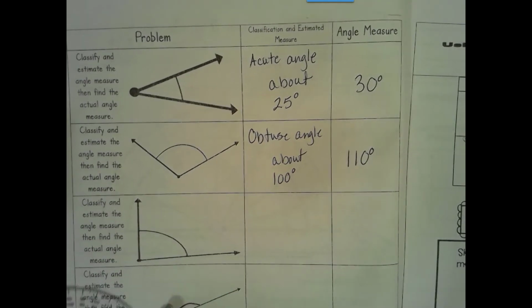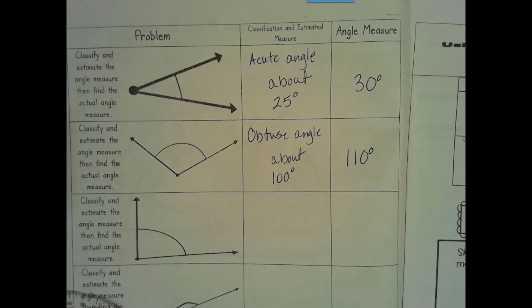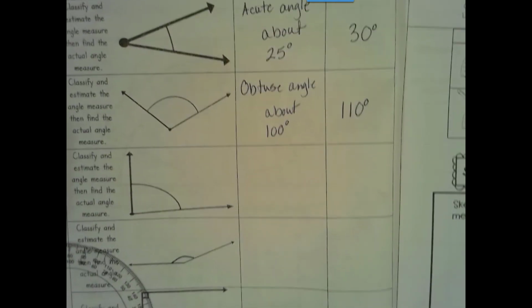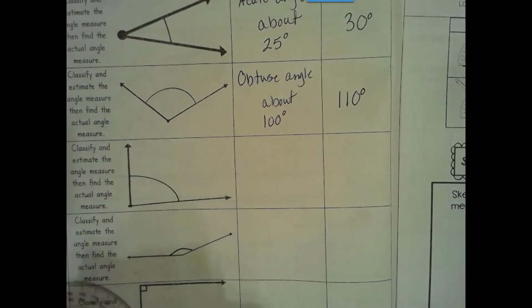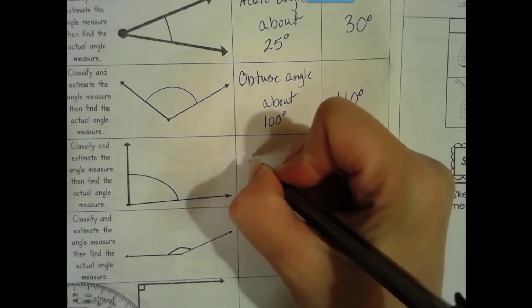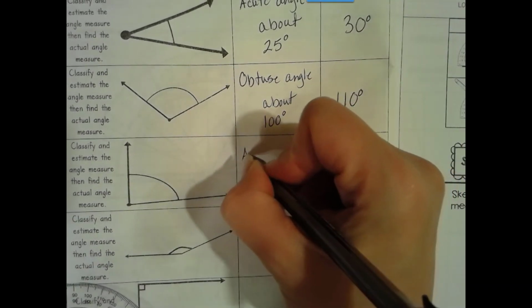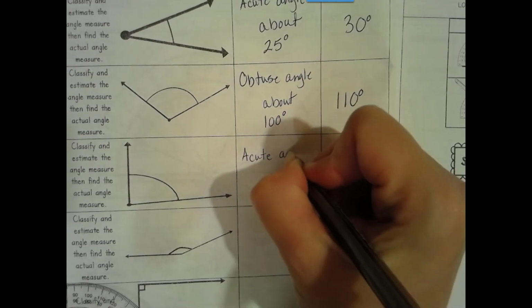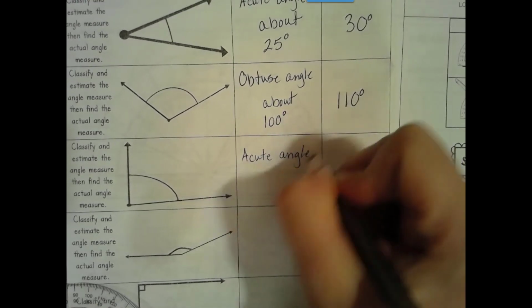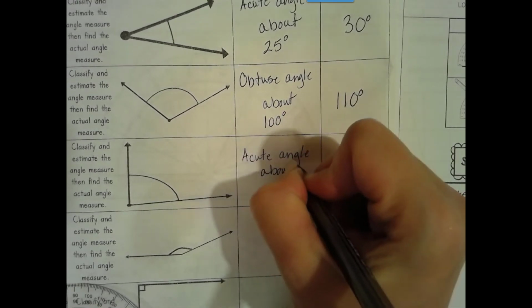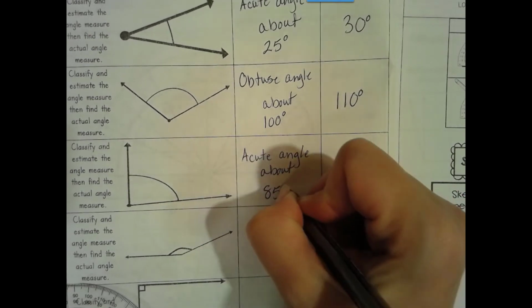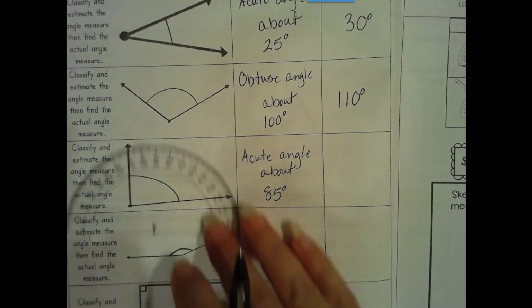Okay. This one looks like it's a little bit smaller than 90 degrees, but really, really close. So I think it's an acute angle. It's a little bit smaller, so about, I'm going to say 85 degrees, because it's pretty close.